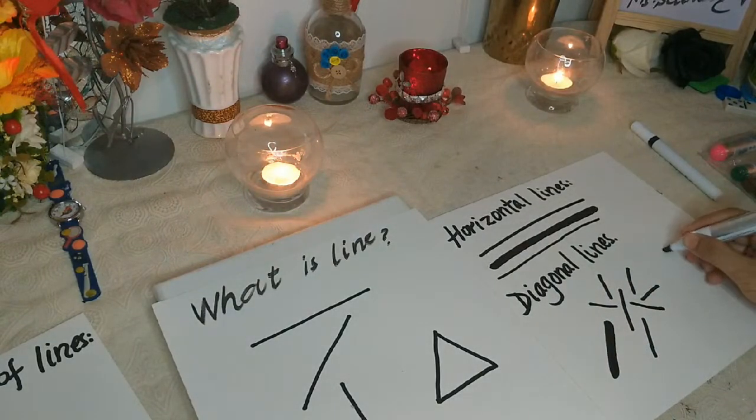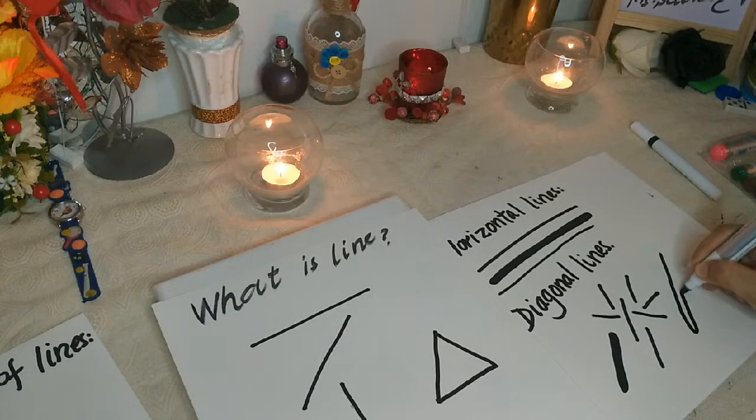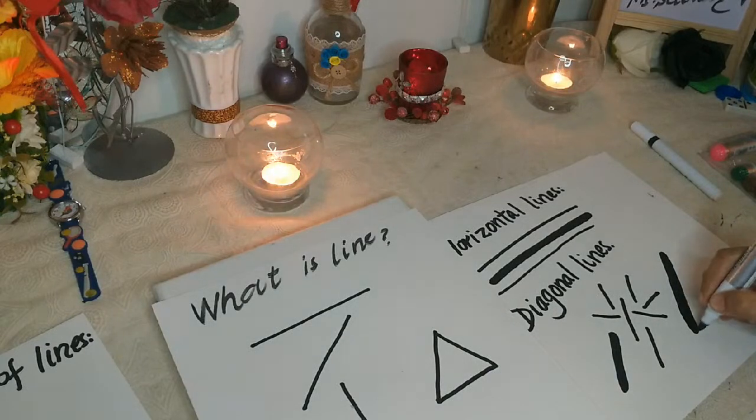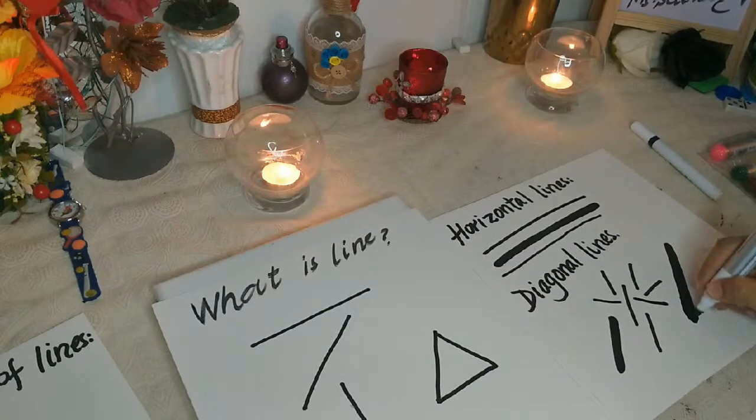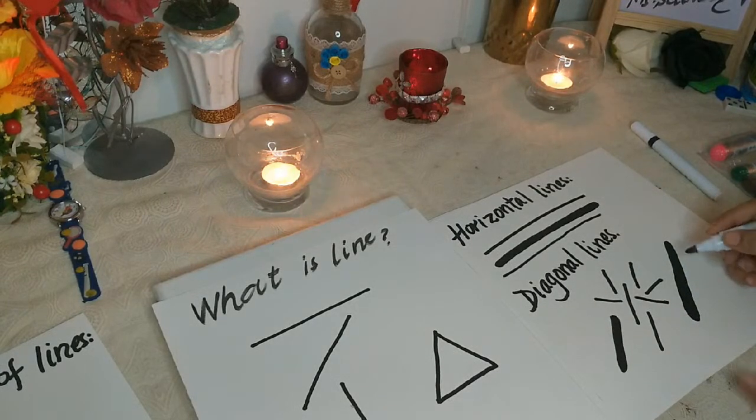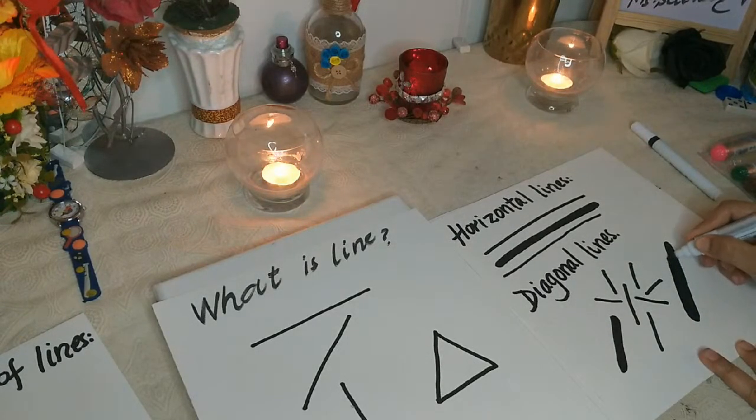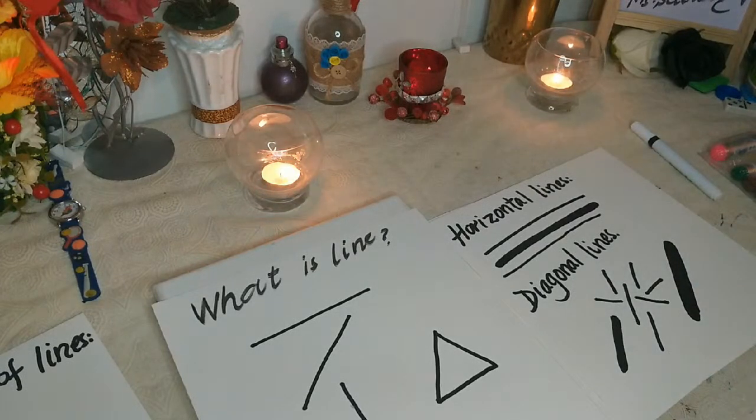So if you want to make thicker horizontal, vertical or diagonal lines, you just remember that you can make it double and you can fill in any color with pencil, sketch pens or marker. I am using a marker over here so that it can be visible to you.